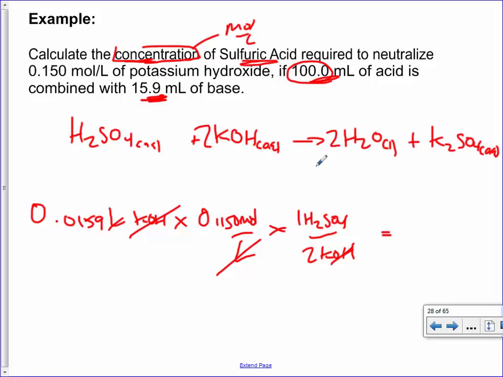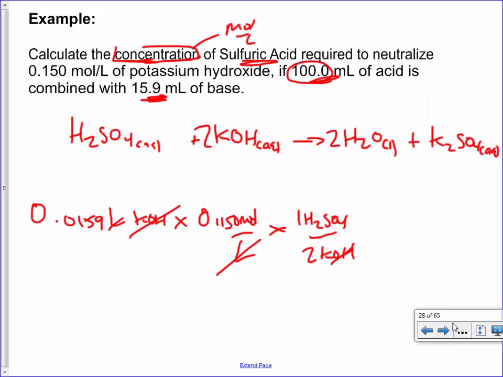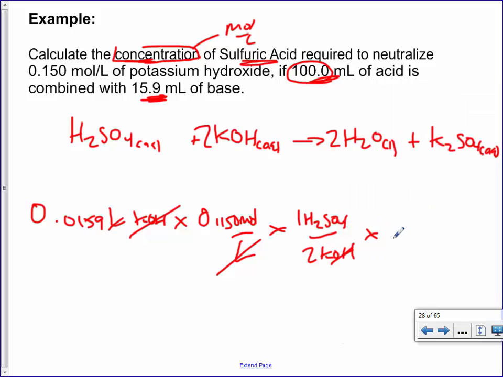I have another way of showing that though. This is how I like to show kids how to do this, because it maybe makes more sense. We currently have moles. What we'd really like is to have liters on the bottom, and that'll be 1.00 liters like that. See how there's moles right here over top of liters right here? But I don't actually want a ratio sitting up here, so we can't leave this blank.